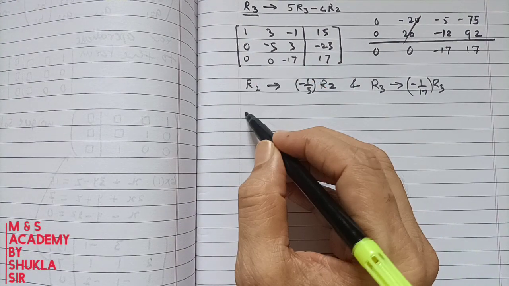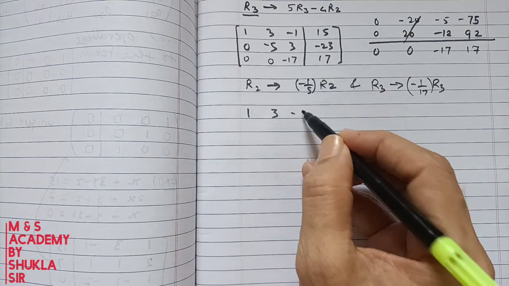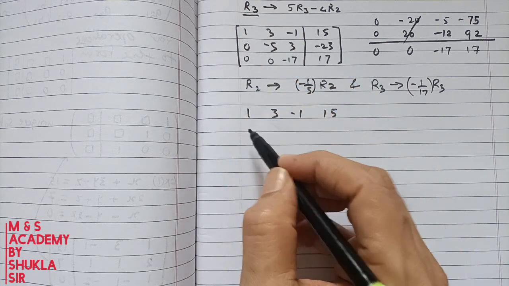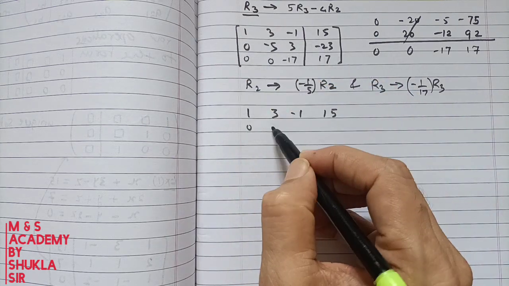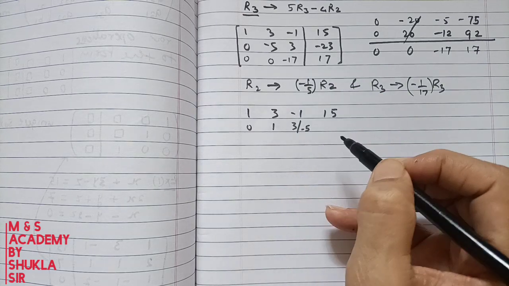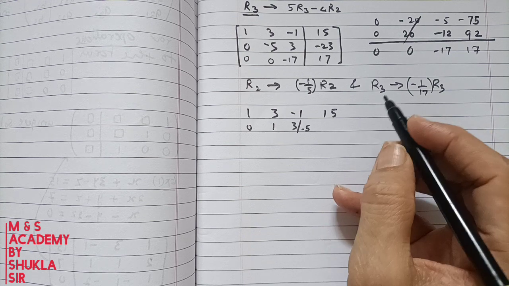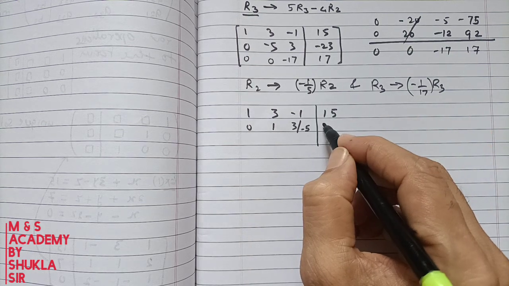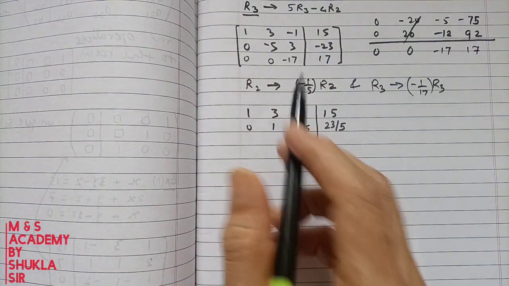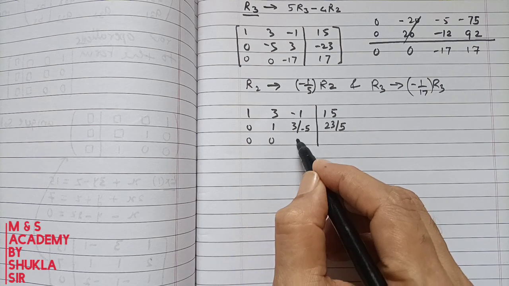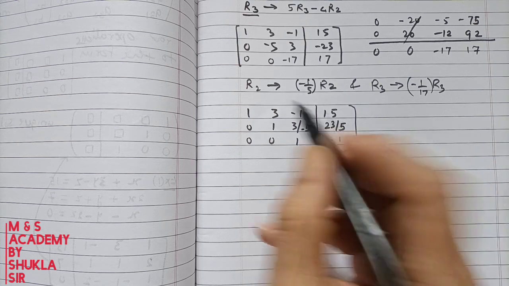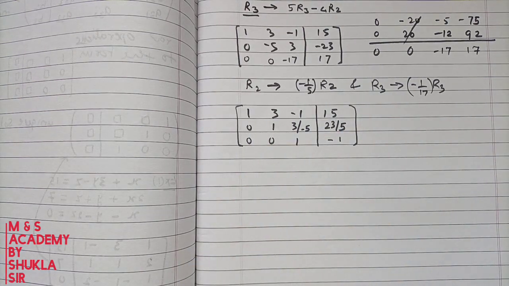R1 is not going to change, so we'll write it as it is. R2 is going to change: 0, 1, and 3 by minus 5, and minus becomes plus, so 23 by 5. And this is 0, 0, 1, and minus 1. So this is how we change.